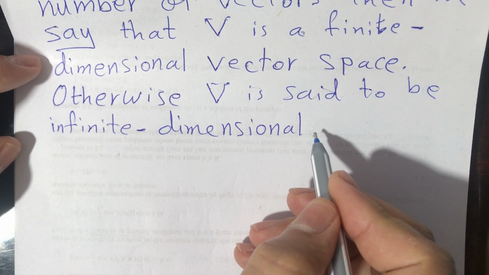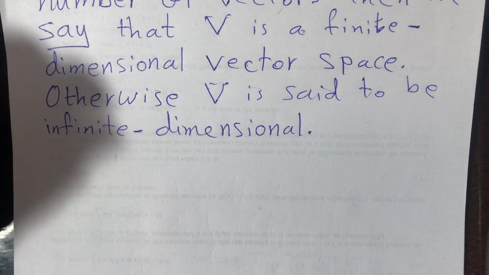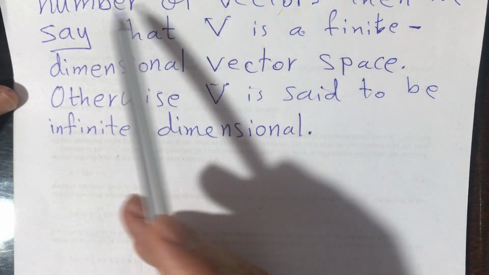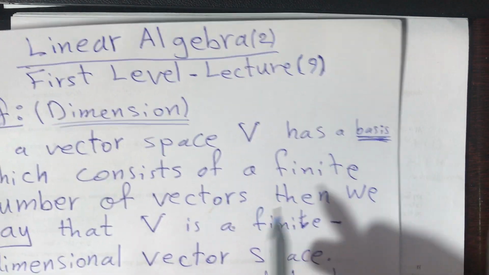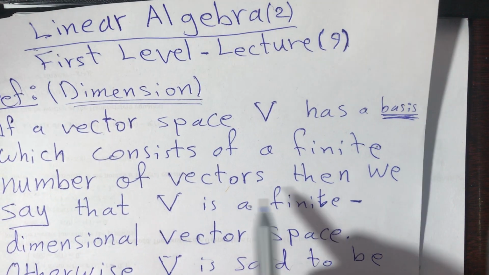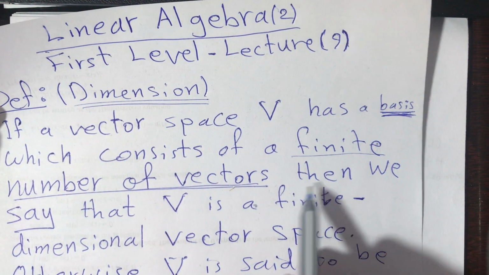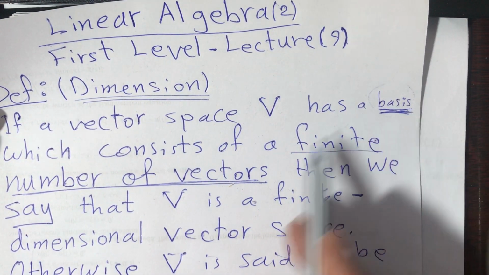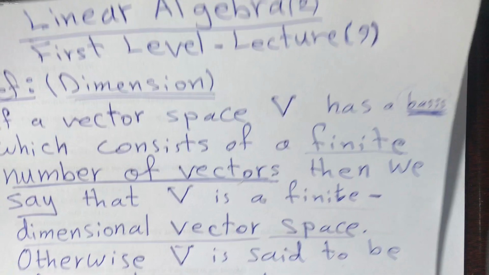I repeat the definition: if a vector space V has a basis which consists of a finite number of vectors, that means this basis has a finite number of vectors, then we say that V is a finite dimensional vector space.